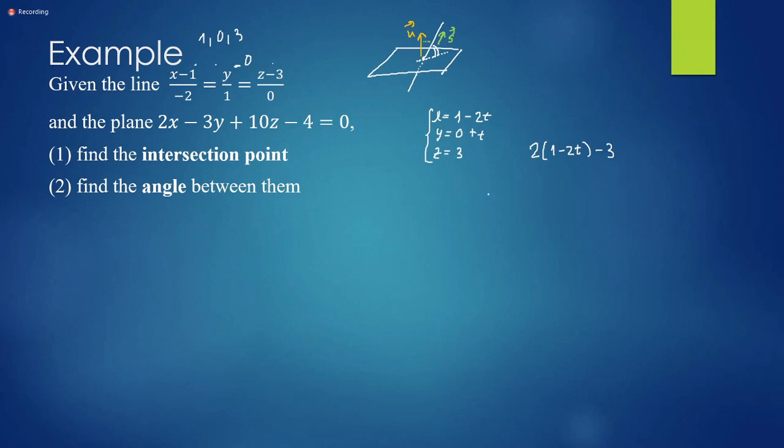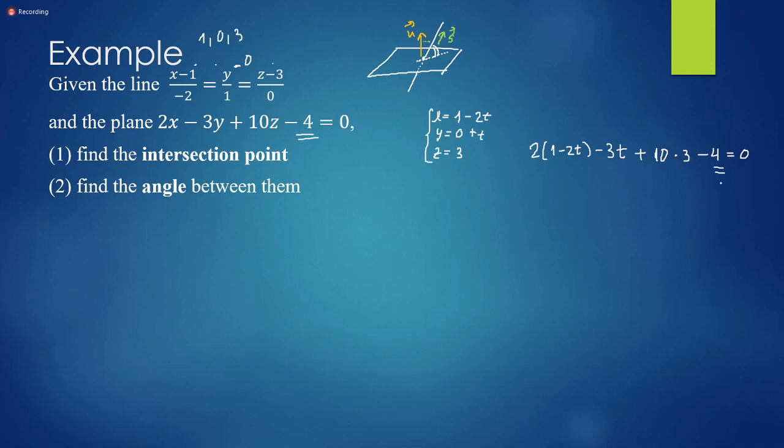So 3, y is t, so 3t only, and plus 10 times z, z is just 3, and minus 4. This is something that people sometimes forget. They forget this d constant. It's a very common error, simply forgetting the d constant. Not because you don't know, but because you copy things, and okay, z is finished, equals 0.